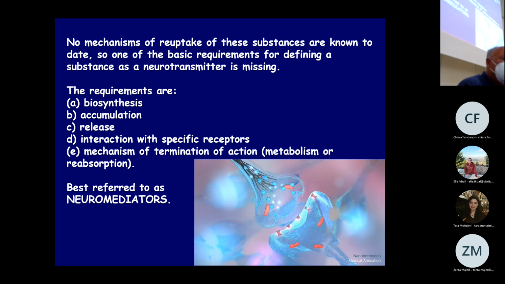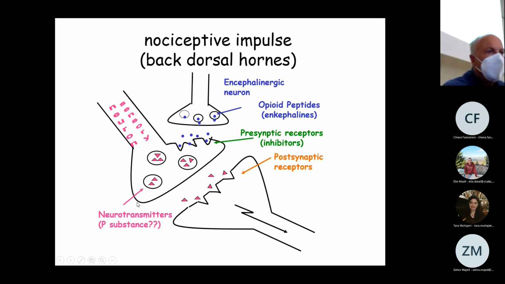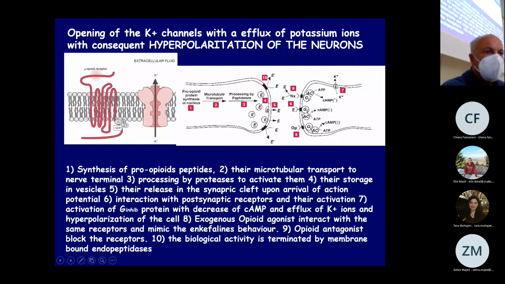In this case, there is no reuptake system, only metabolization. So we can better define this compound as a neuromediator instead of a neurotransmitter. You can see here the entire description of the events inside the synaptic cleft.